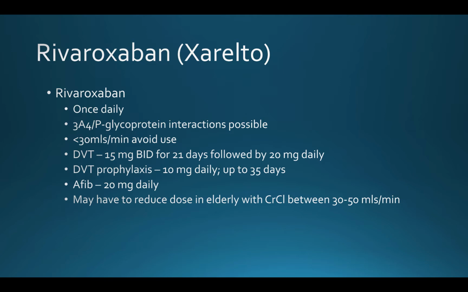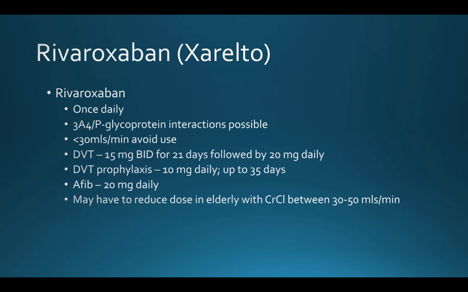In that setting of their kidney function getting worse, you probably got to switch them to something else. So we've got DVT dosing, DVT prophylaxis, atrial fibrillation. And here's one of my biggest frustrations with Xarelto: you may have to reduce the dose in elderly with creatinine clearance between 30 to 50 mils per minute, but they don't give you any guidance.